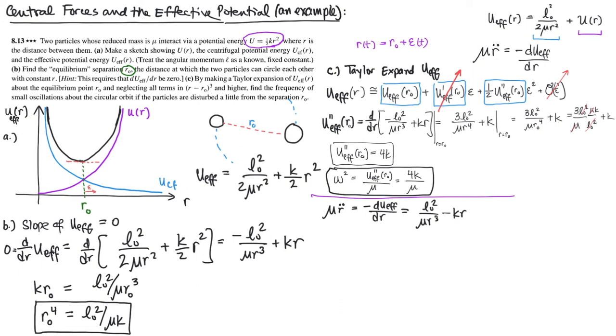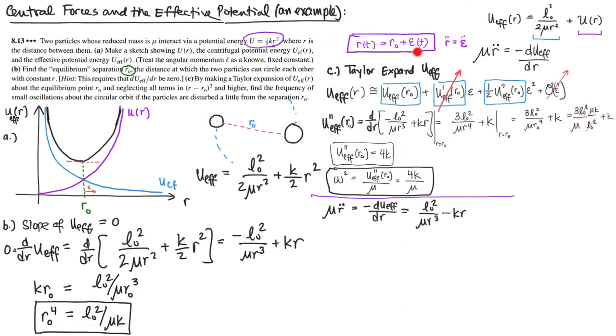And then we can use the fact that we're looking at small deviations away from equilibrium, so we can rewrite r as r naught plus epsilon. And the time derivatives tell us that r double dot is equal to epsilon double dot because r naught is a constant and its time derivative is 0.